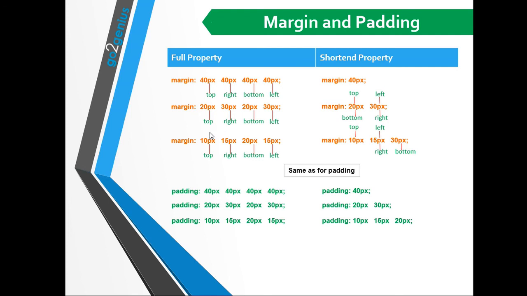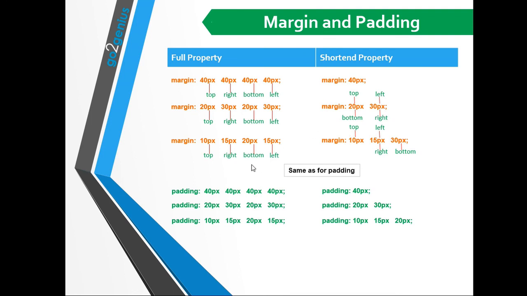Same as when top and bottom values are equal and right and left values are equal, then we can write the shorthand property like this. First value represents the top and bottom margin and second value represents left and right margin.